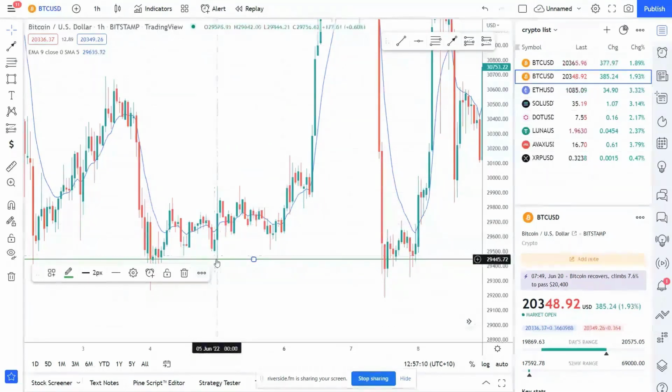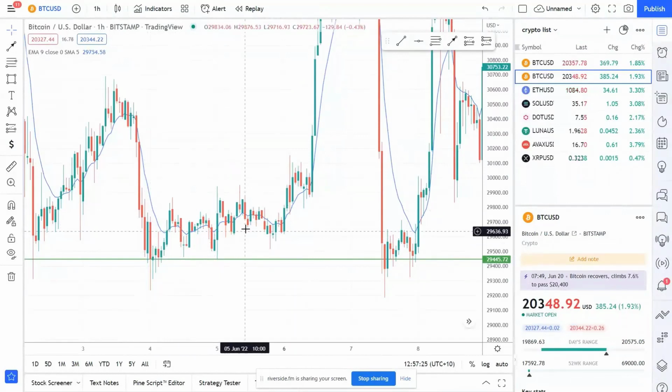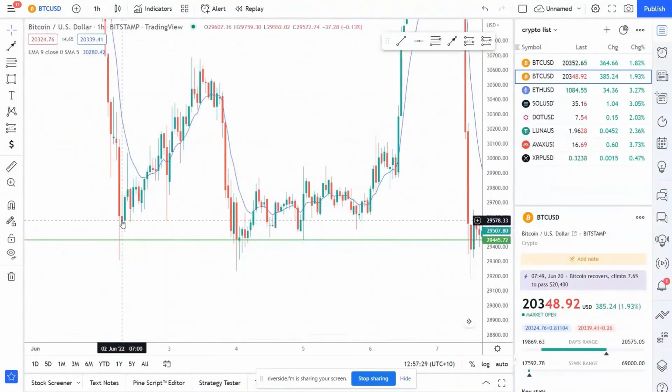Look what happens on our entry. Clearly showing me that it's found support. That obviously this in itself is now sort of forming an institutional candlestick. It's keeping the market from going any further below, just like this one over here.